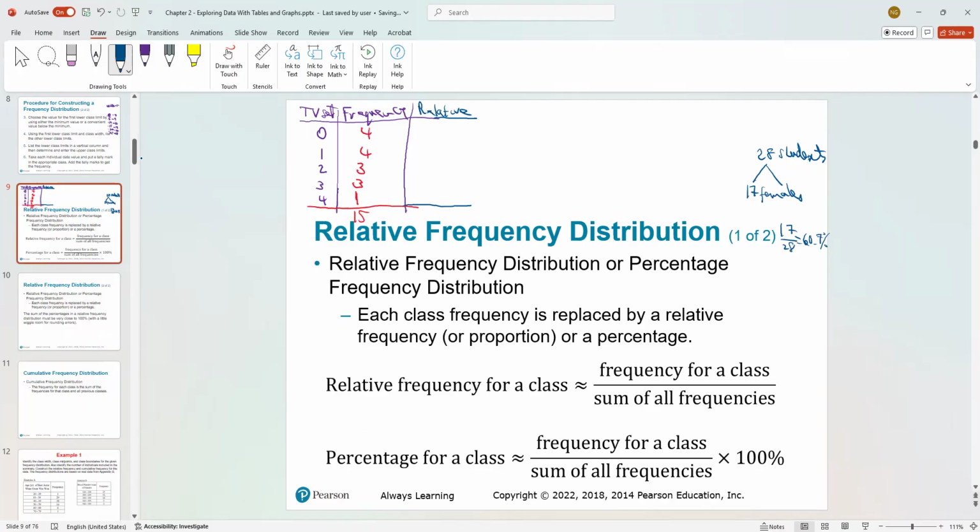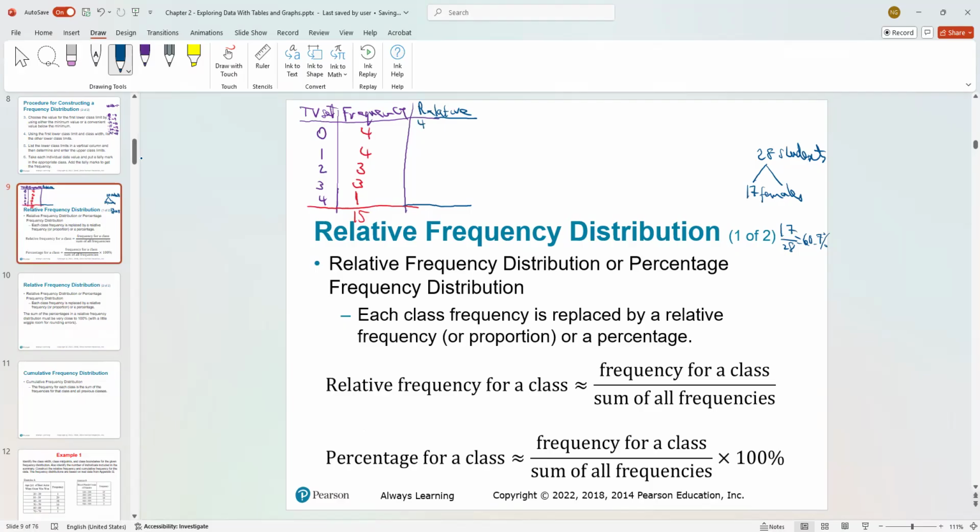Among 15 households visited, four households have no TV at all. If I want to express the four households with no TV in terms of percentage, what should I do?